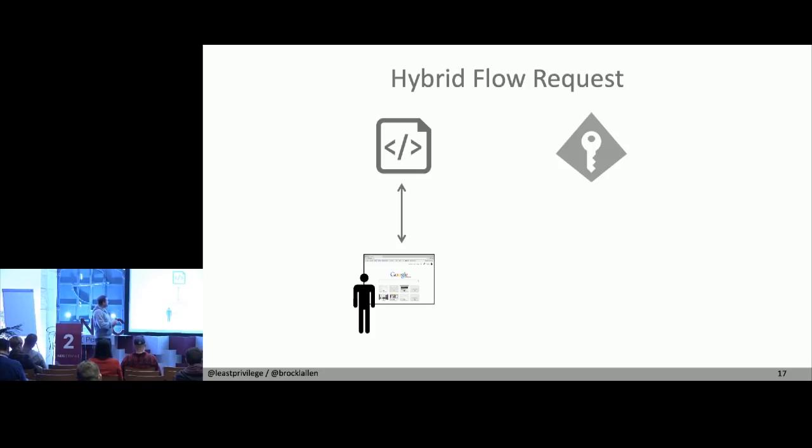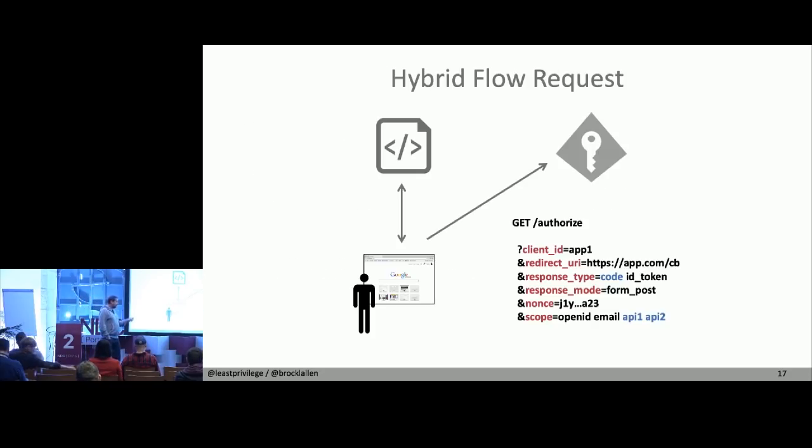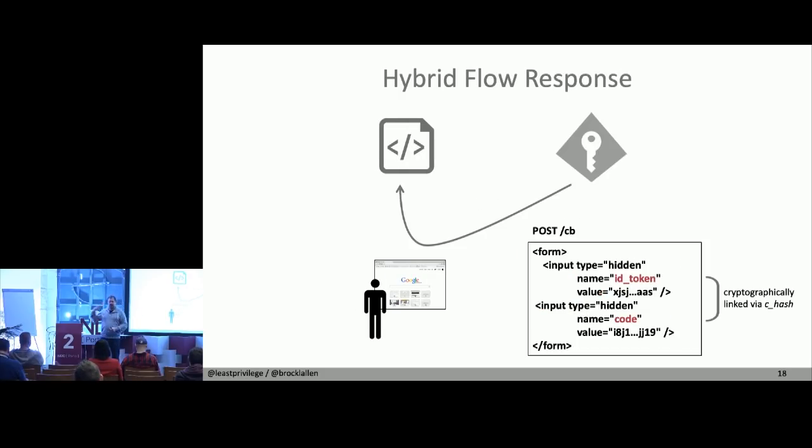So let's start with the hybrid flow. What the hybrid flow approach is doing is basically adding another token to it. Ultimately the problem why the client cannot make sure that code is really the code he was looking for is because he can't validate it, right? But with an ID token, you can validate the identity token, and inside the identity token there is a special claim called the c_hash, which is the hash of the code.